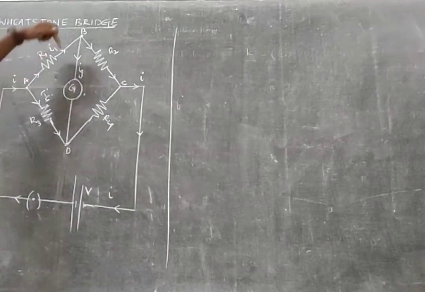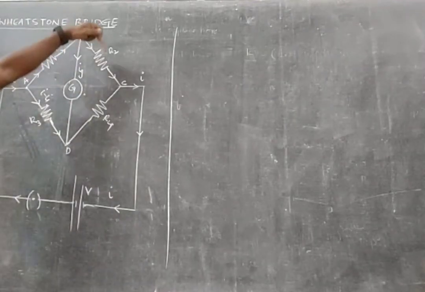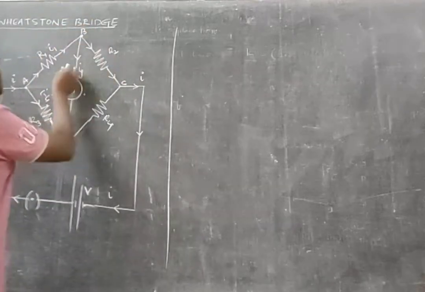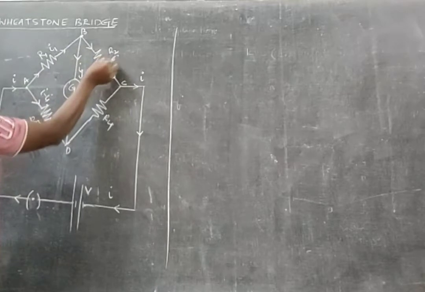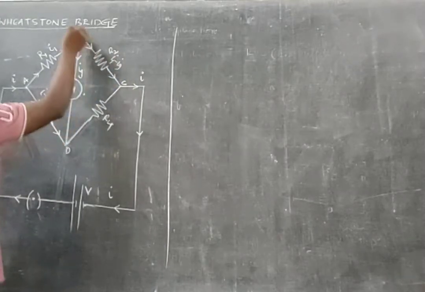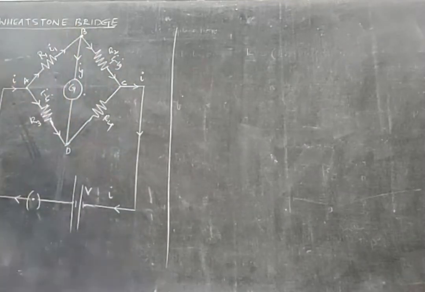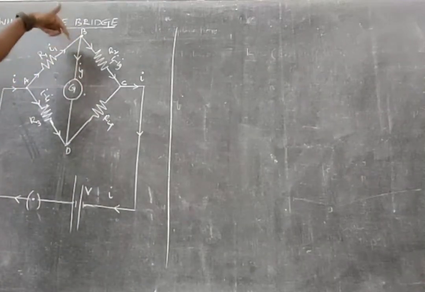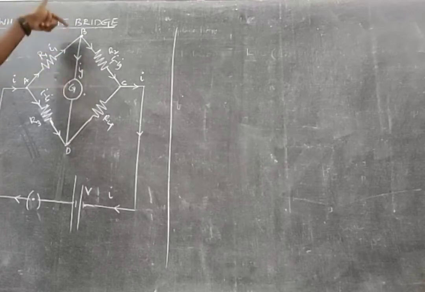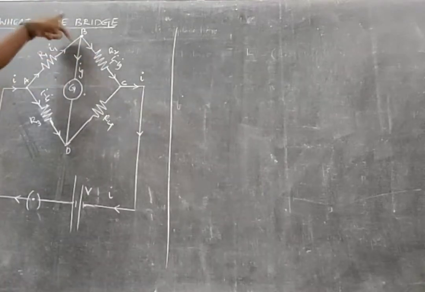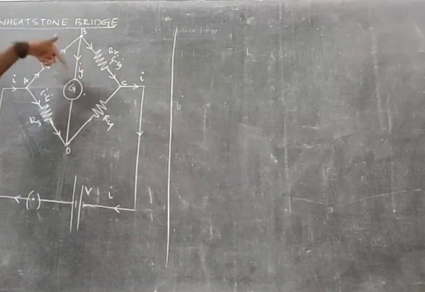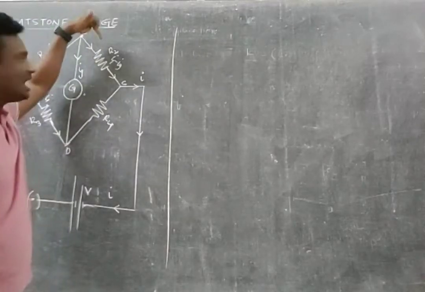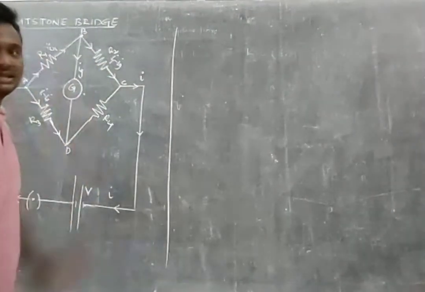The rest should enter resistor R2, so the remaining part is I1 minus IG. At junction B, the current is I1, so it has entered two electrical components, the galvanometer and resistance R2.